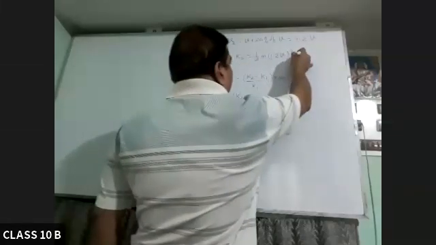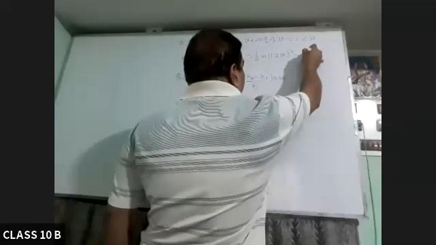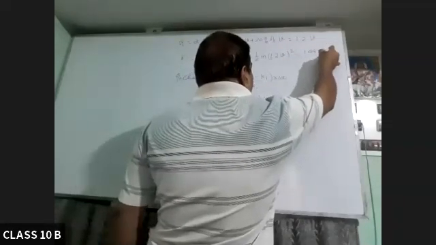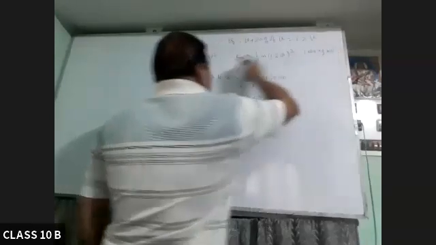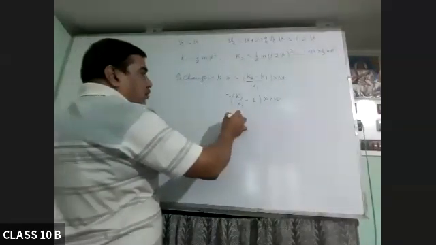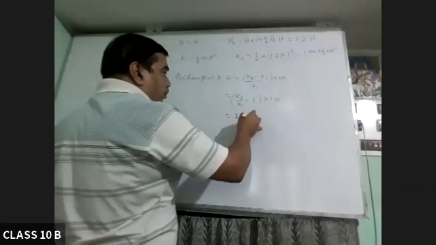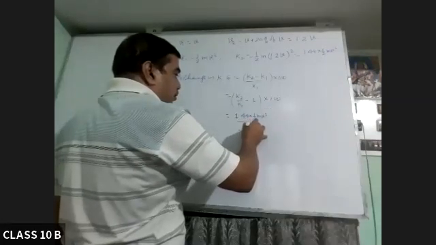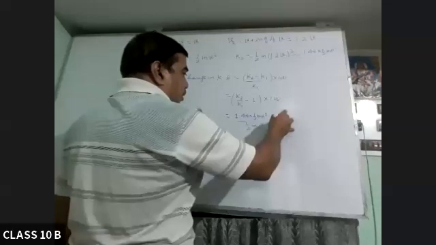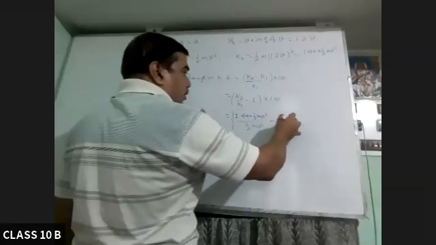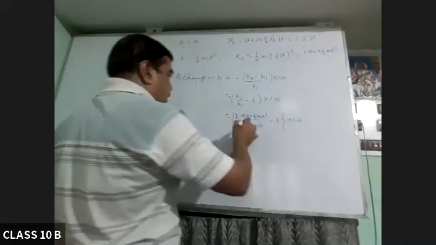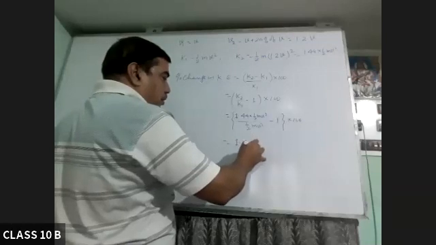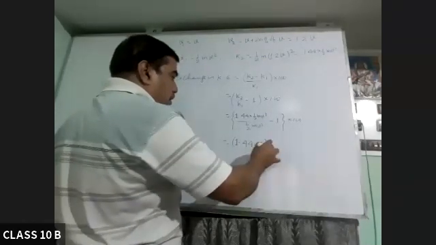So this one will solve the problem. 1.44 into half mv square. So half mv square will cancel, so it will become 1.44 minus 1 into 100.